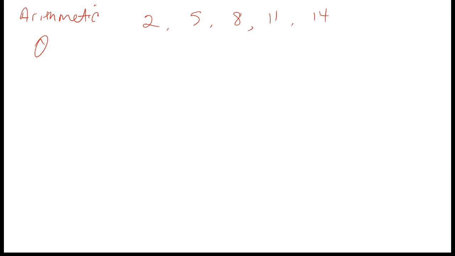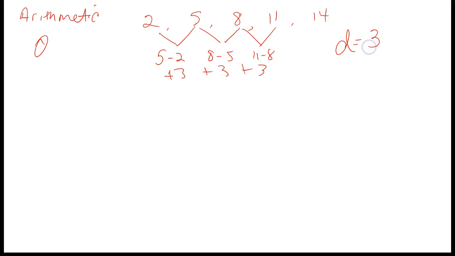I notice it looks like I'm adding 3 each time. The way I can find the common difference if it doesn't jump out at me is I would take 5 minus 2, 8 minus 5, 11 minus 8. Notice, those are all 3. I'm adding 3. It's an arithmetic sequence with the common difference of 3.